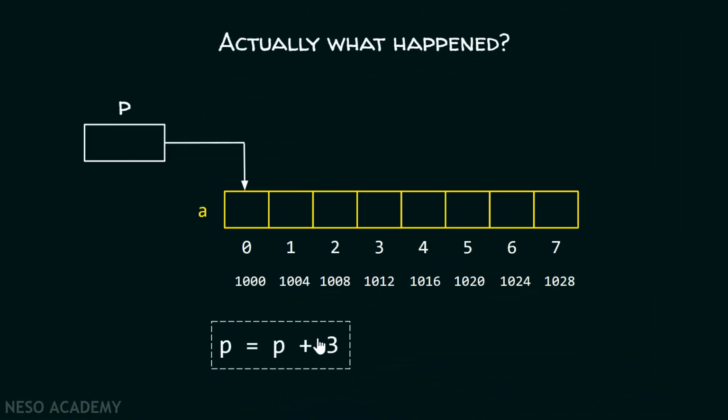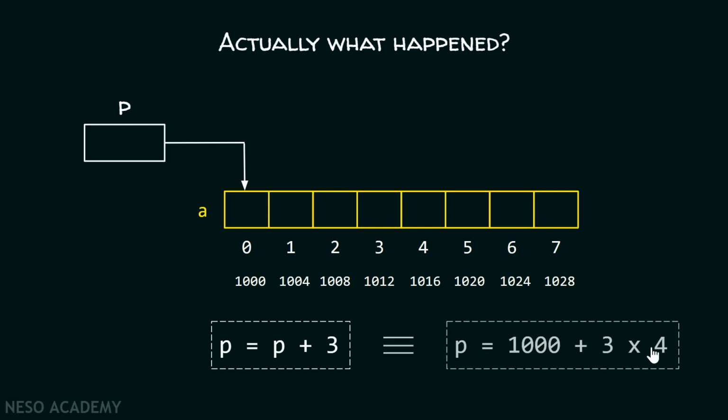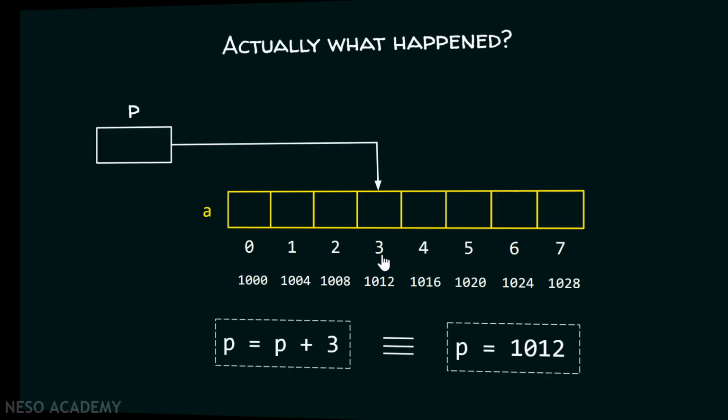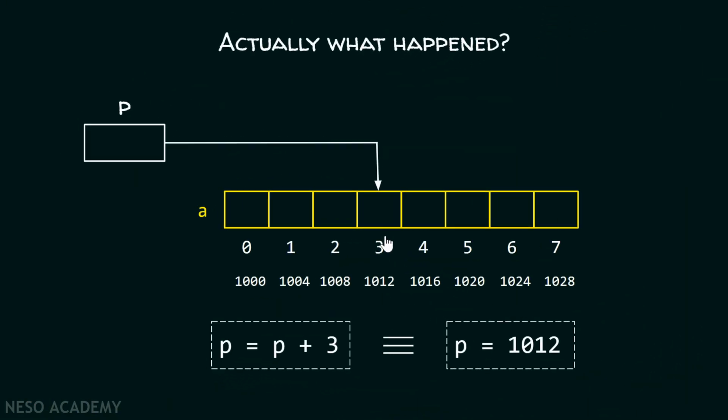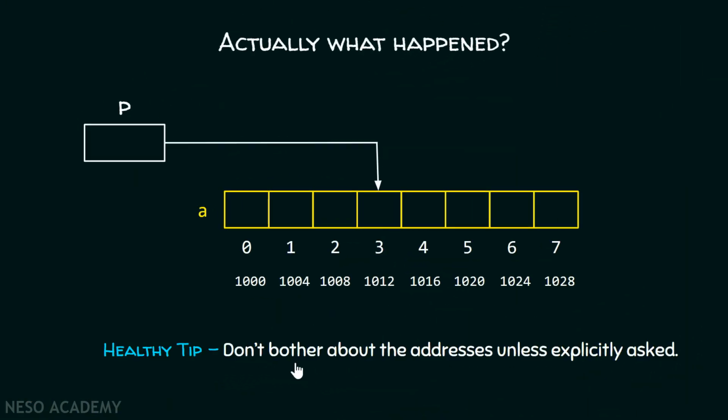Now if we want to add 3 to pointer P, then we know the answer. We will multiply 3 by 4 and add it to 1000, which gives us 1012, which means pointer P will simply point to the fourth element of the array. So now you got the basic idea. Here's a healthy tip for you. Don't bother about the addresses unless explicitly asked.